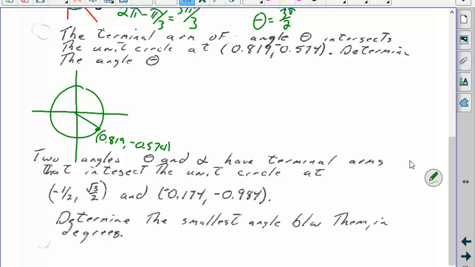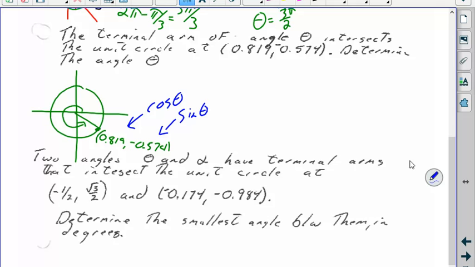Well, here is the angle theta that we want. This is where you get into this understanding of each one of those points telling you something in trig. The first coordinate tells you the cosine value. The second coordinate tells you the sine value.